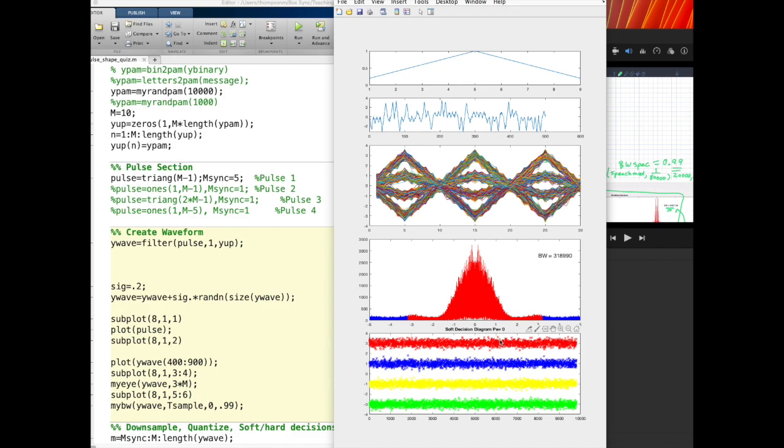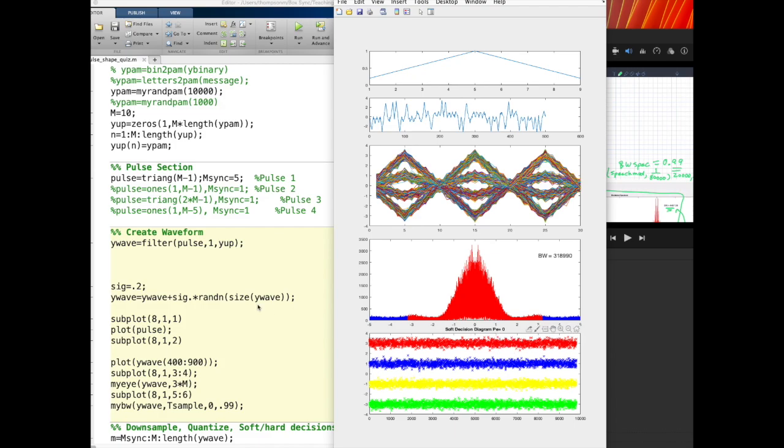The soft decision diagram code, if you look inside the box, will actually do a little bit of correlation and try to sync the soft decision symbols to the original message signal and determine if you can do the proper frame synchronization to give you a good probability of error.